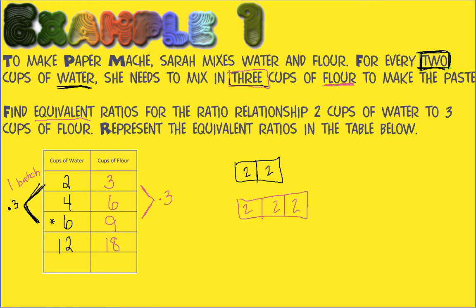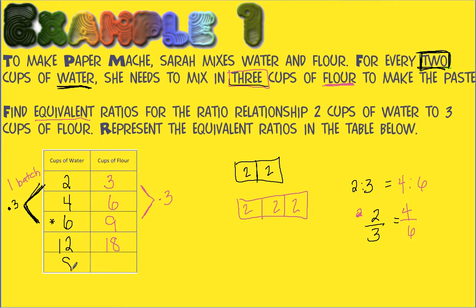And now I find that I have 2 to 3, and I change that to 4 to 6. And this is a little bit more easily shown if we write it in fraction form, because we're very used to creating equivalent fractions.